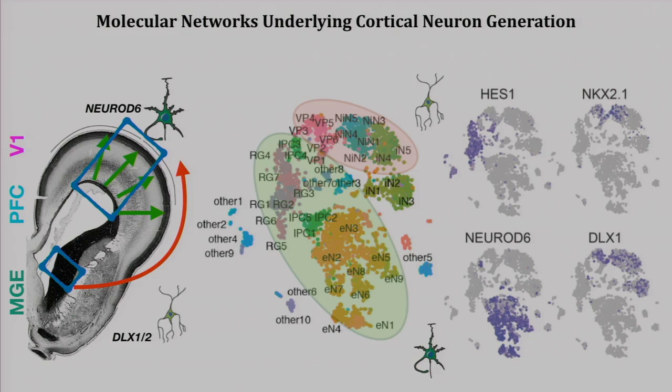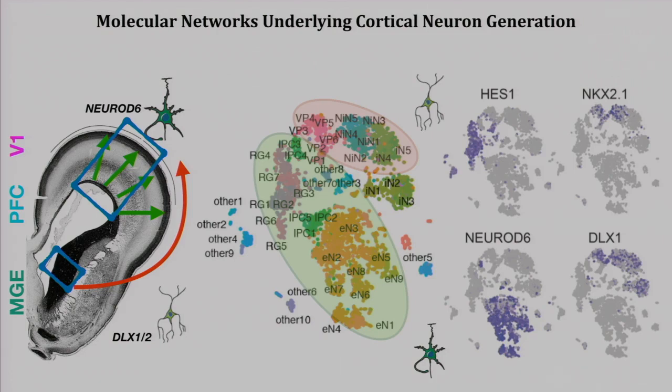In addition, in the cortex, for several of the specimens that we were able to acquire, we were able to identify the prefrontal cortex and the visual cortex based on the early anatomical distinctions that are found, and we were also able to capture cells from these two anatomically defined regions.